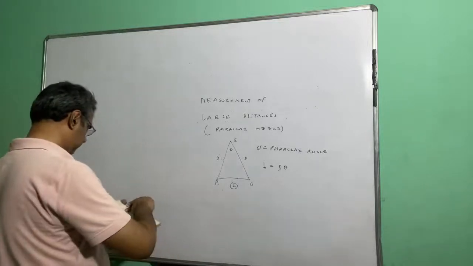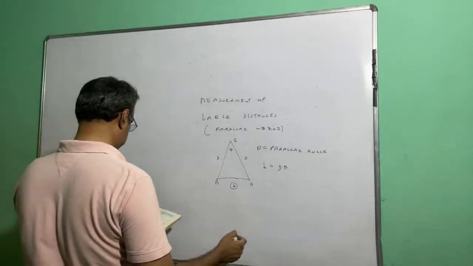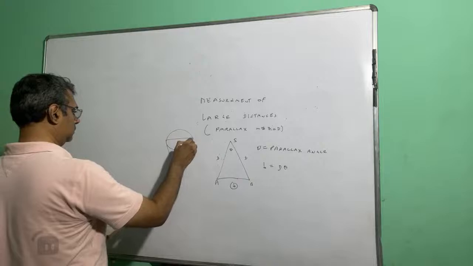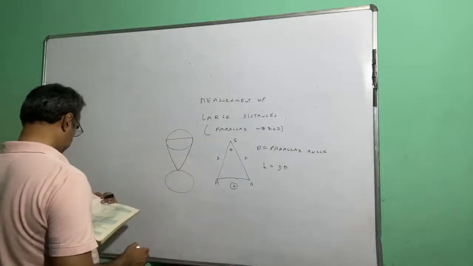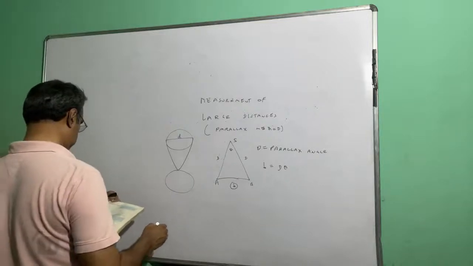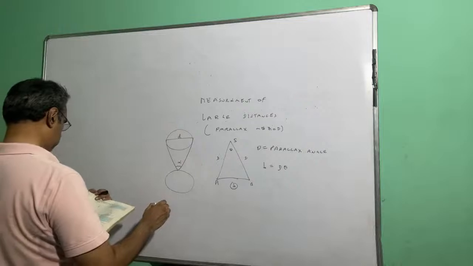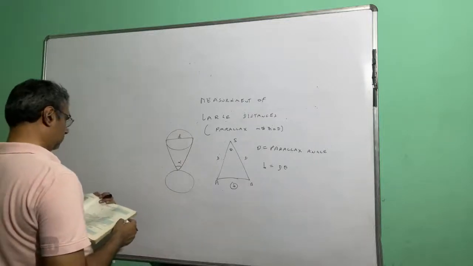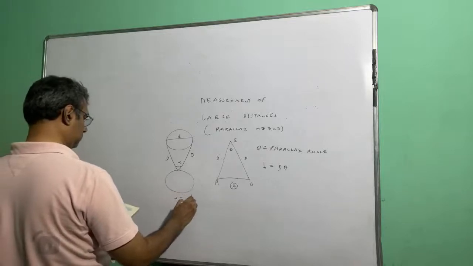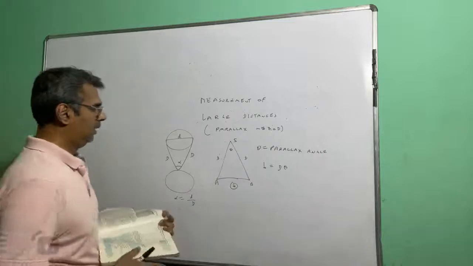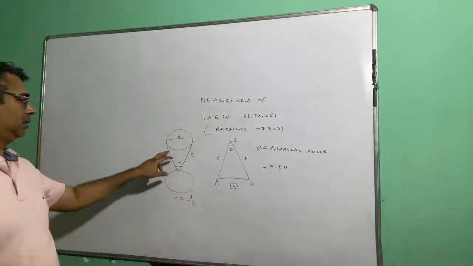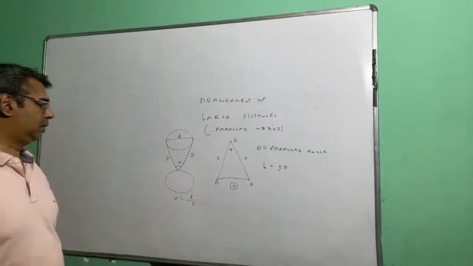Secondly, once we have found capital D, suppose the diameter of this planet is small d.